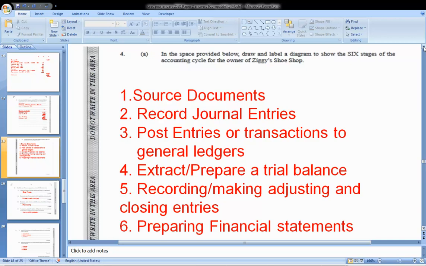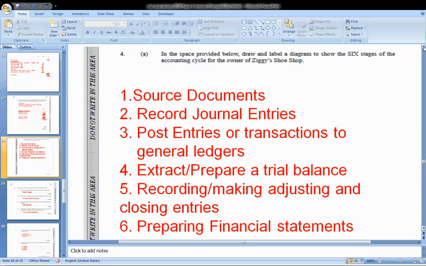Now, the 6 stages of accounting cycle. What I did, I went ahead and listed them. But for you to give it in an acceptable form to CSEC, you simply do it in a circular form using your arrow mode from step 1. So the first one is your source documents.